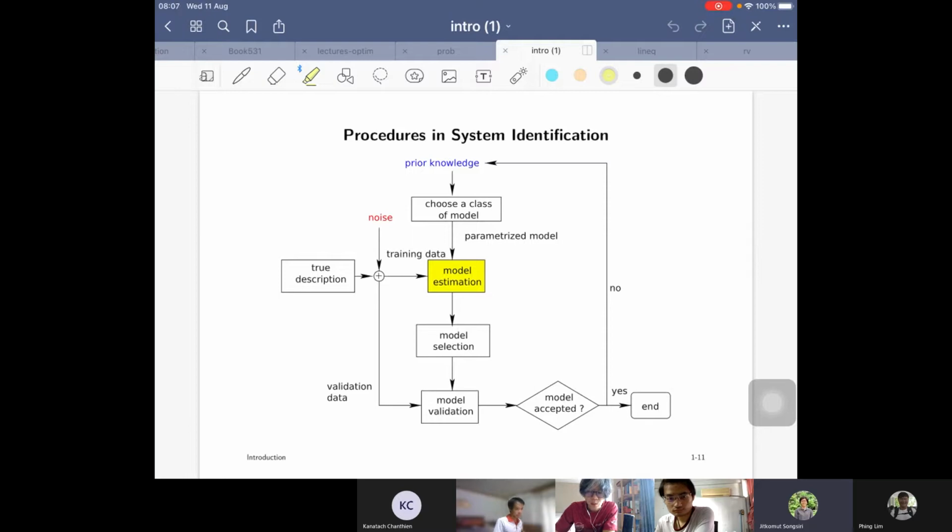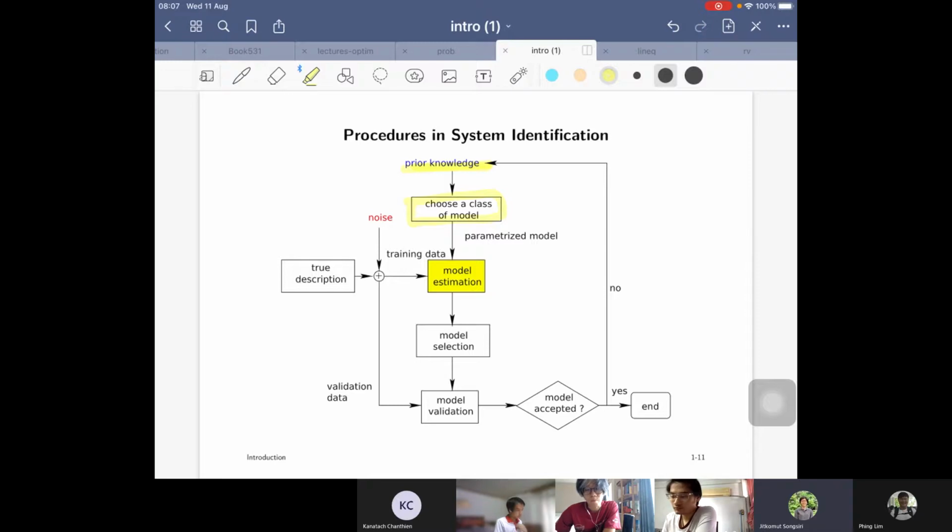And then the user would have some prior knowledge about that particular application of interest. That prior knowledge would help the user define a model class that would be suitable or appropriate in that application.